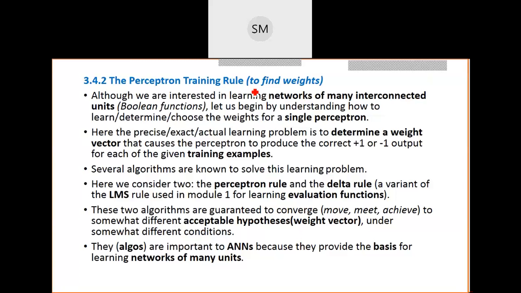It is a set of weights and a set of inputs, right? So the actual task is what we are going to learn now. We are going to determine the weights, and the algorithm or rule we use is called the perceptron training rule. Just remember this heading, very, very important.